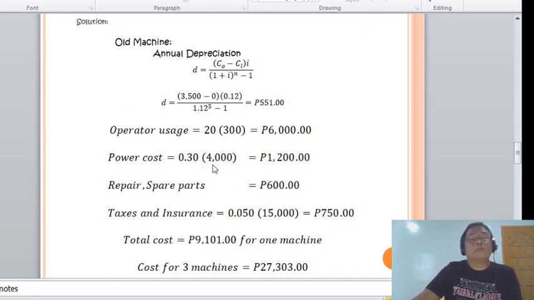Power cost of 0.3 multiplied by 4,000, so 1,200. Repairs and spare parts 600. Taxes and insurance is 5%, so that is 750. So the total cost for one machine is 9,101, and for 3 machines, that is 27,303.